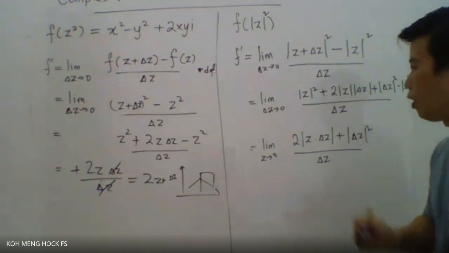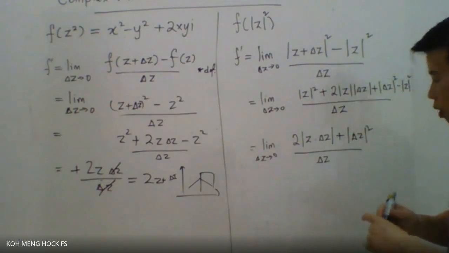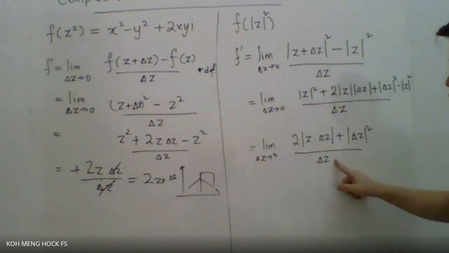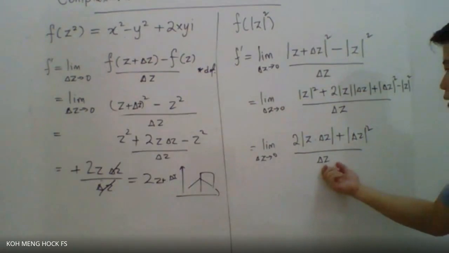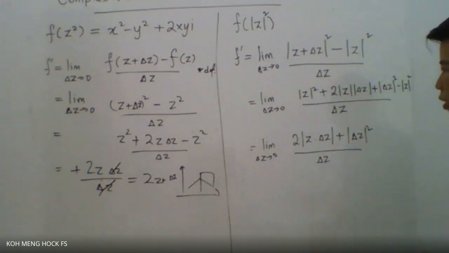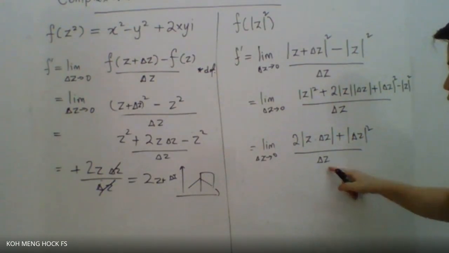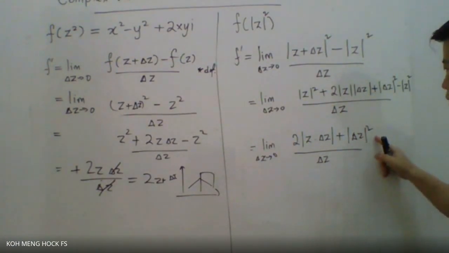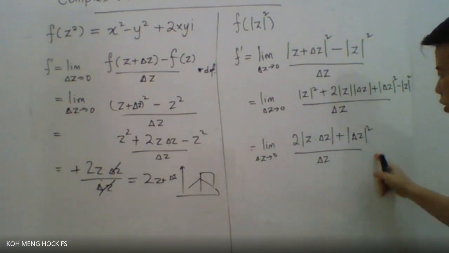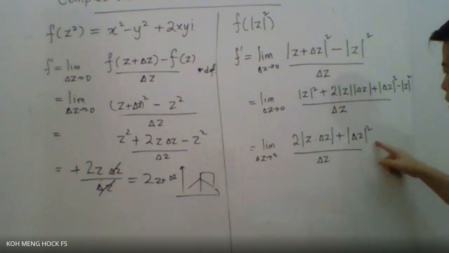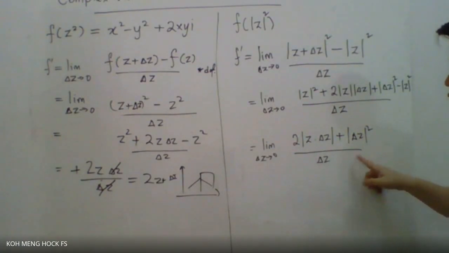So now when your delta z tends to 0, what is the outcome? Here delta z is going to be a complex number, and this is going to be a real number, right? So at the end of the day, this is going to be a complex number as well, because now this is a non-analytical function, right?